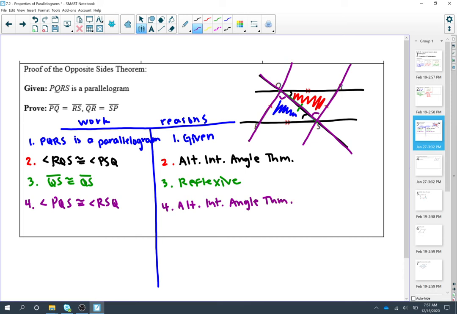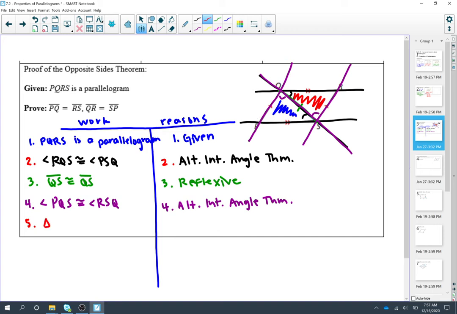And now I've stated that I have an angle, a side, and an angle, and I have an angle, a side, and an angle that are congruent. So in step 5, remember those triangles, the red one and the blue one I was trying to prove are congruent?